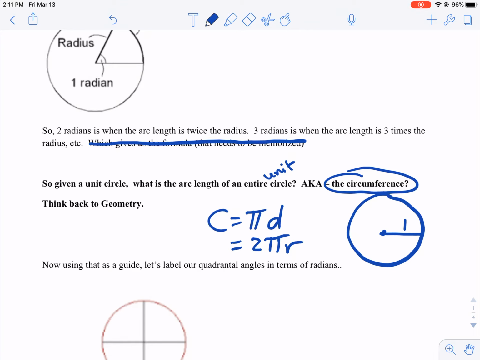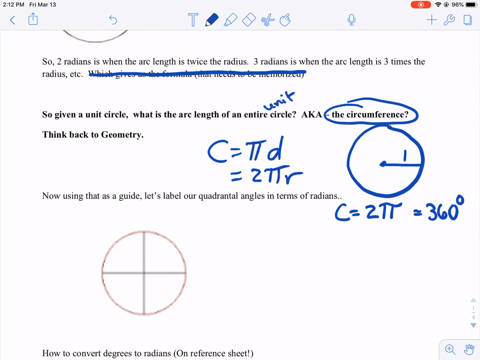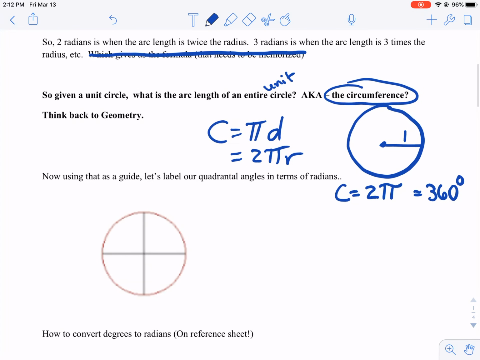So if I fill that into the formula, then the circumference of a unit circle is just 2 pi. So the angle that represents the entire circle, which we know is 360 degrees, in radians is referred to as 2 pi.